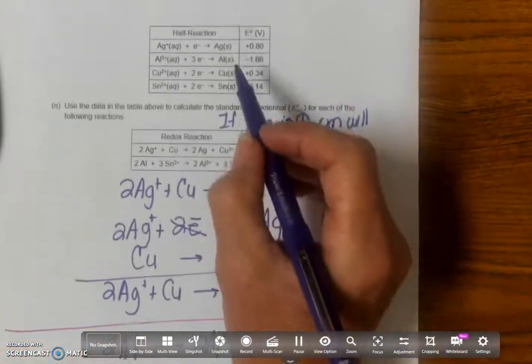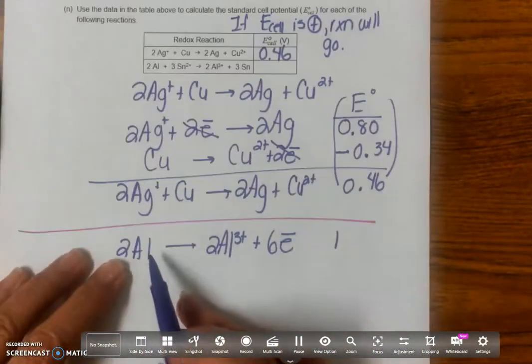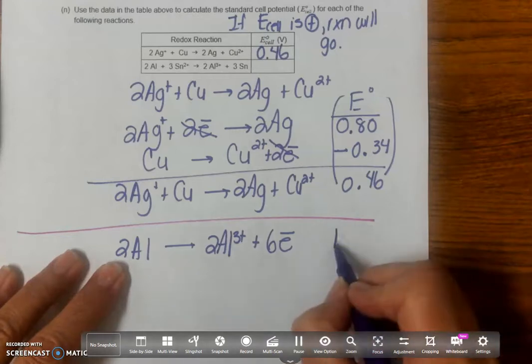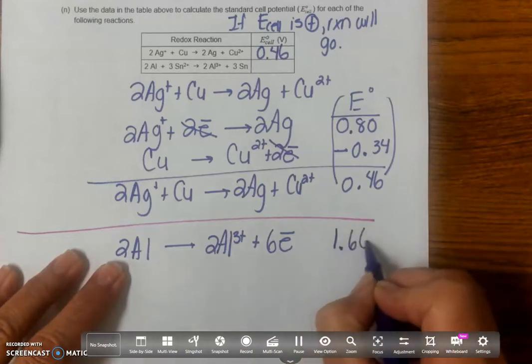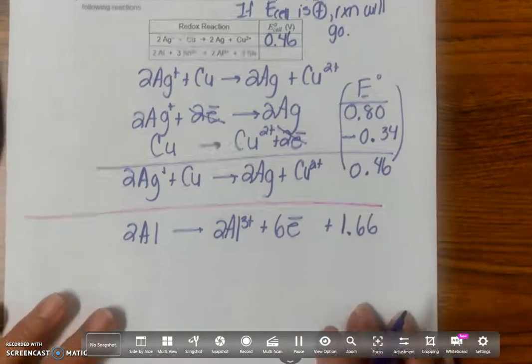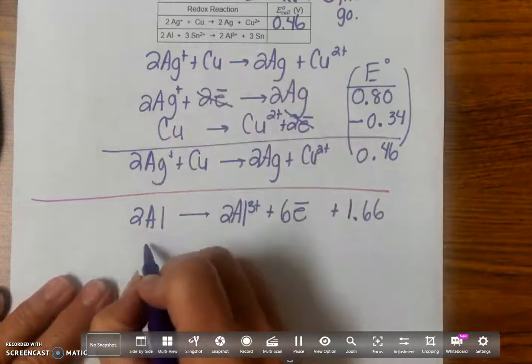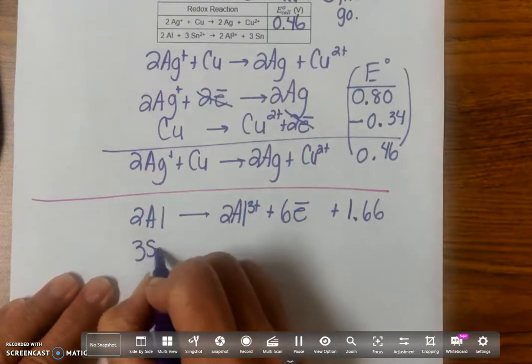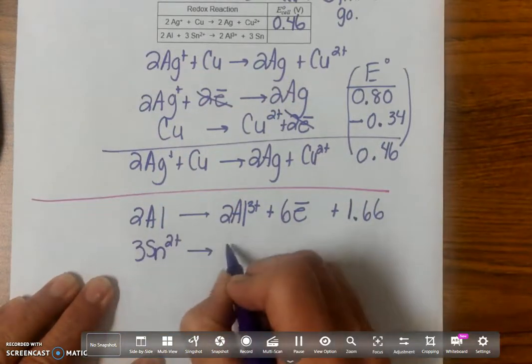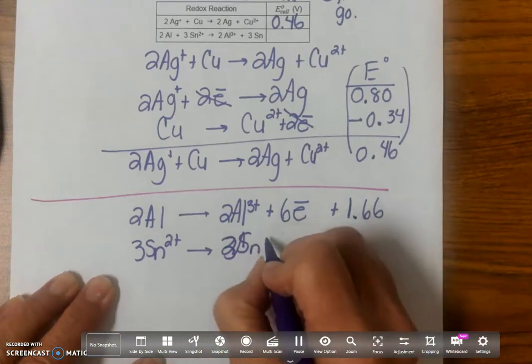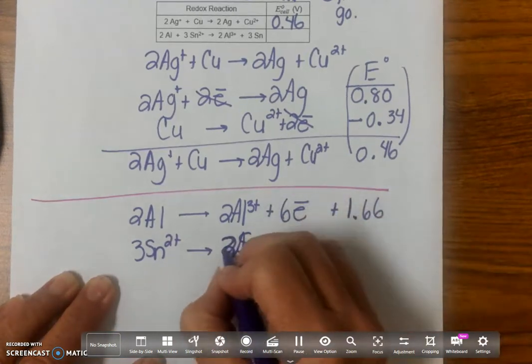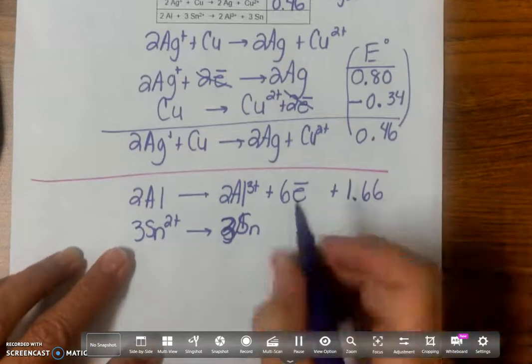So that means I've got to reverse this, because instead of having a reduction, this is the oxidation. So this is going to be a positive 1.66, right? Then I look at my tin. I've got 3 Sn2+ goes to 3 Sn metal. There's my reduction.